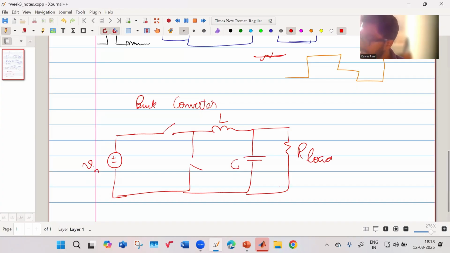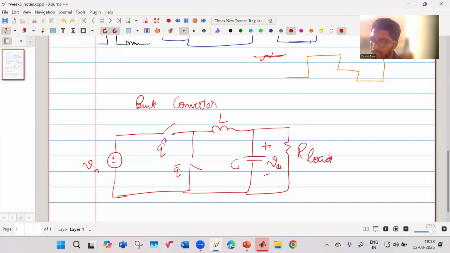Your load can be a resistor, another converter, a constant current load, an LED load, many things. This is your main switch Q, this is your Q bar switch, and you want this output voltage to be fixed.